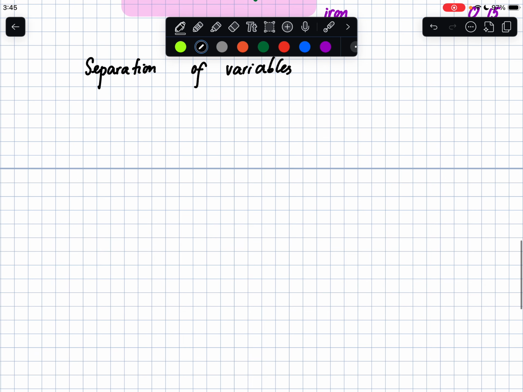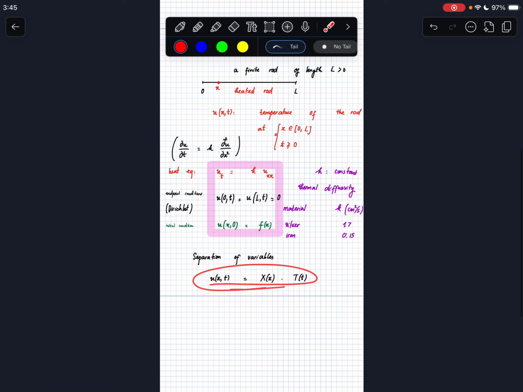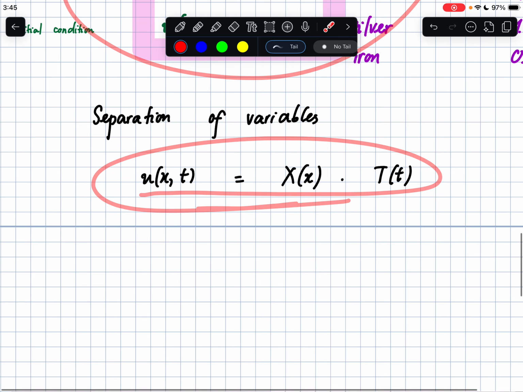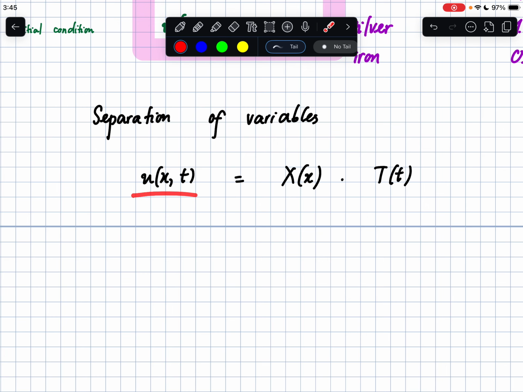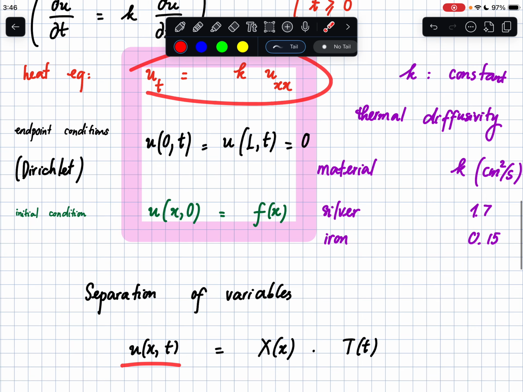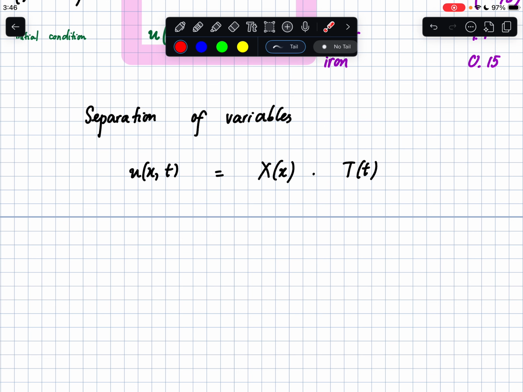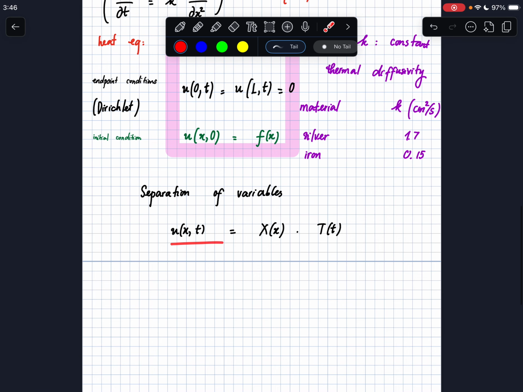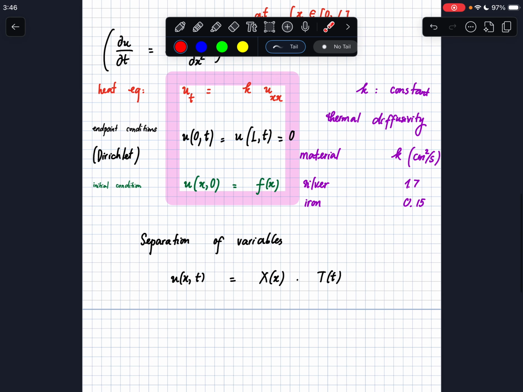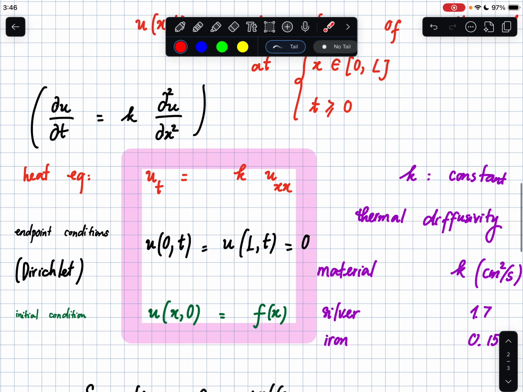And this method says that we can separate u(x,t) as X, a function in x, multiplied with a function T in t. As soon as we have this, we will use it to solve for u(x,t). To apply that is easy, but to show that this method will give us the solution is harder. We will just derive the solution using this separation of variables.